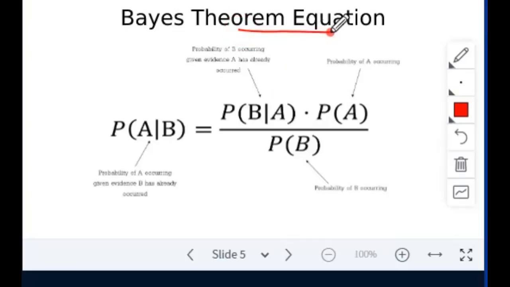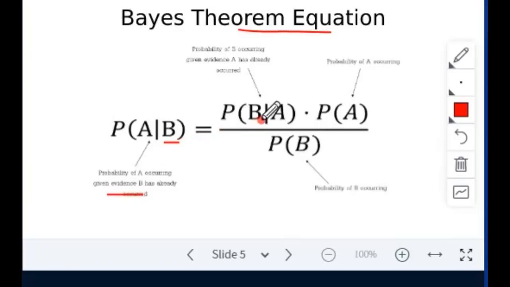I think it is not clear for you here, so let me explain. What is P of A given B? It is the probability of A occurring given that evidence B has already occurred. B is called the evidence that has already occurred.